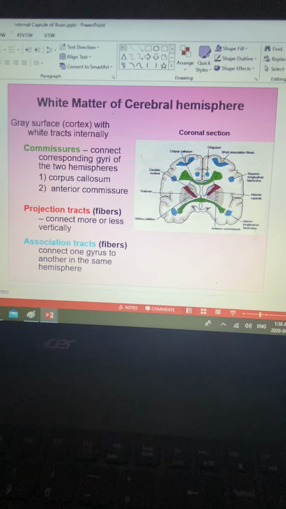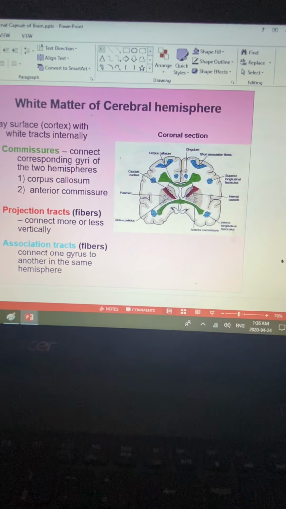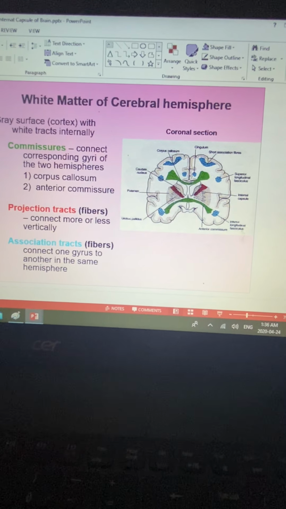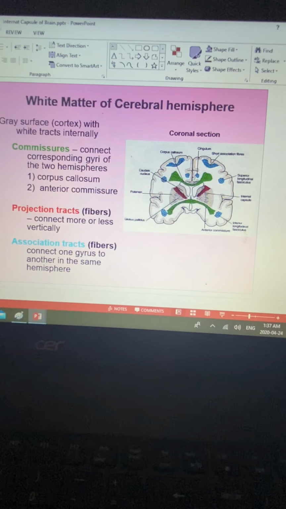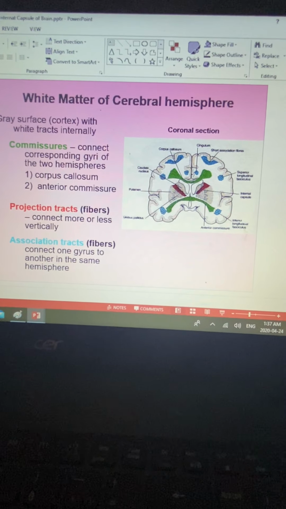So what is the difference between the commissural fibers and the association fibers? Commissural fibers connect the gyri of the two hemispheres, while association fibers are concerned with the same hemisphere.